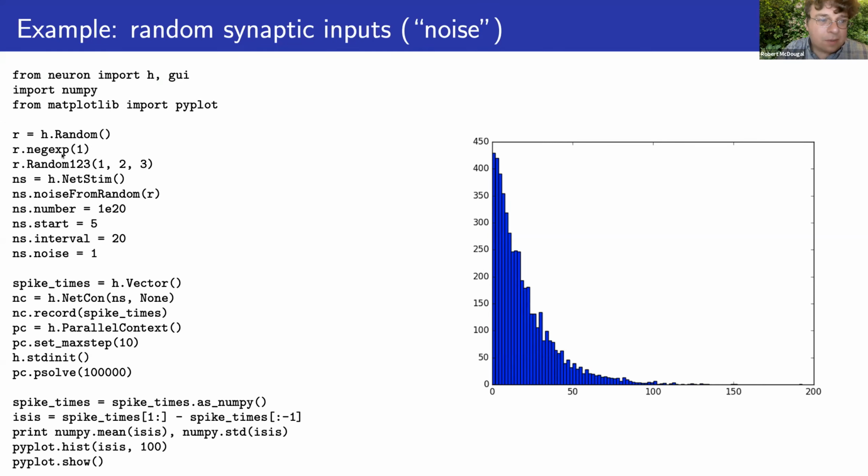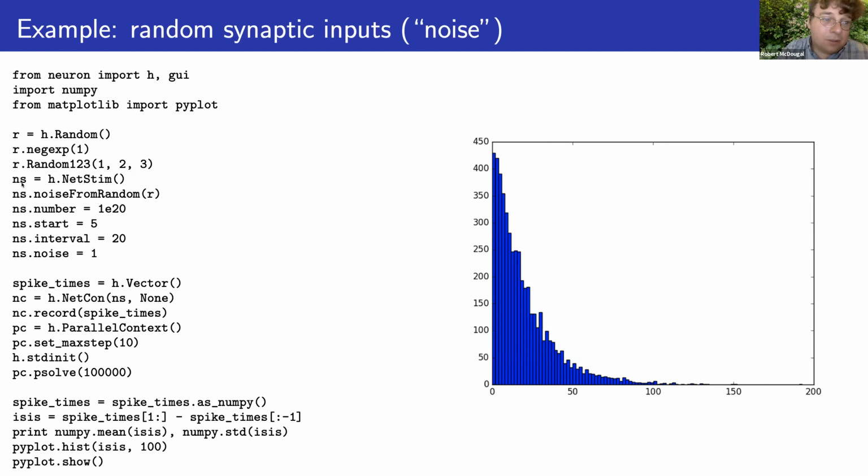I will construct my random number generator, specify the distribution that I want, and specify the rule I want it to use. So I will use Random123, and here are my three parameters that define my random number stream.